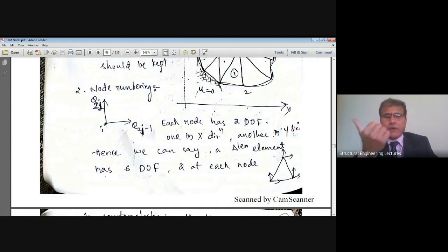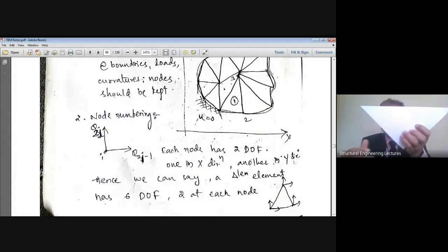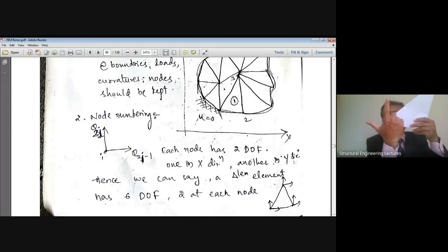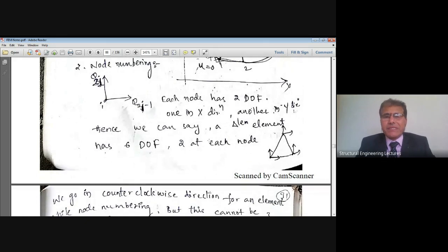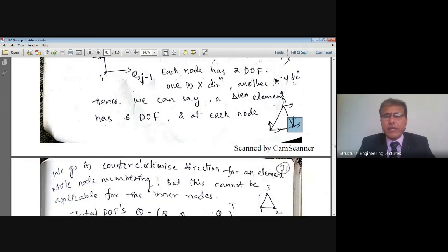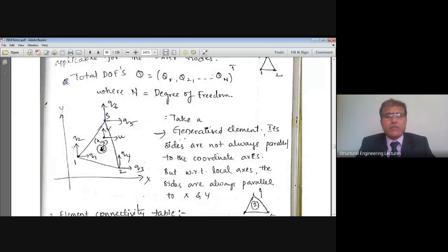Capital Q means degree of freedom along global coordinate direction, right? Each node has 2 degrees of freedom, because this is a 2D element, therefore each node can either displace in x or y direction. That is how these 3 nodes will have 6 degrees of freedom, 2 at each node. Therefore Q1, Q2, Q3, Q4, Q5, Q6 as shown here, right?